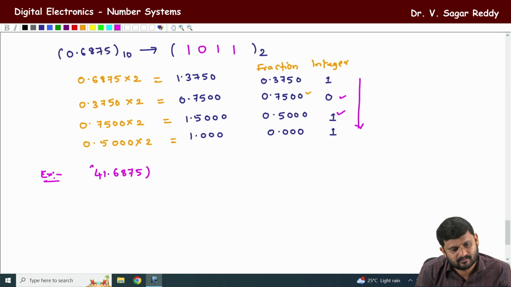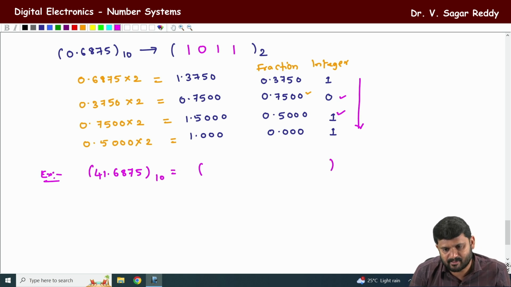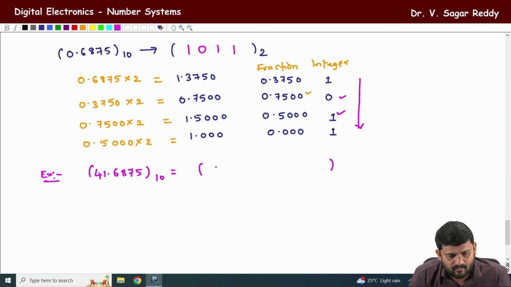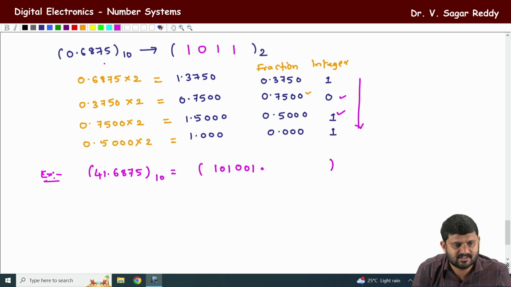Now, if I ask, for example, for 41.6875, what is the binary equivalent? Just as in the previous slide, for 41 we have 101001. So we can write 101001, and as it is we need to mention the decimal point.